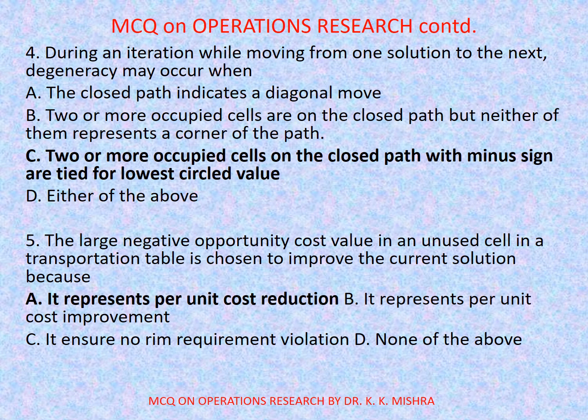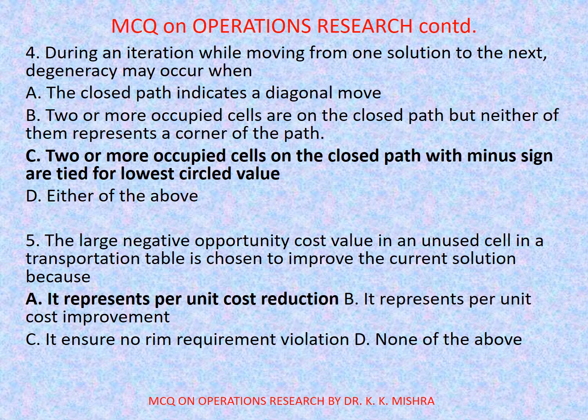Question number 4. During an iteration, while moving from one solution to the next, degeneracy may occur when A. The closed path indicates a diagonal move. B. Two or more occupied cells are on the closed path but neither of them represents a corner of the path. C. Two or more occupied cells on the closed path with minus sign are tied for lowest circled value.